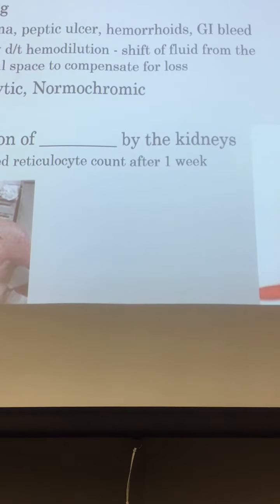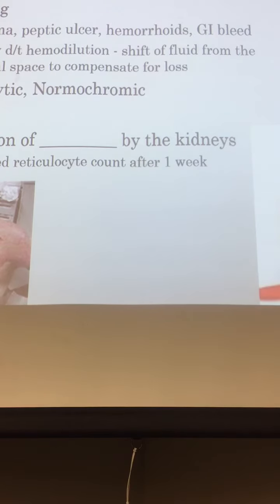If you were to take a blood sample of somebody and measure the percent of red blood cells in that blood sample, that's what hematocrit is. It's just the percent, not the number, of red blood cells in a blood sample. Question on that?